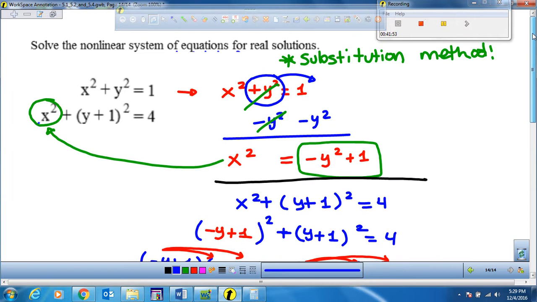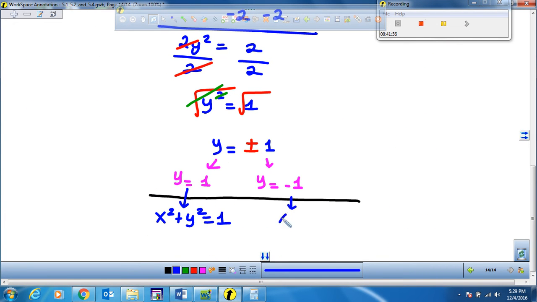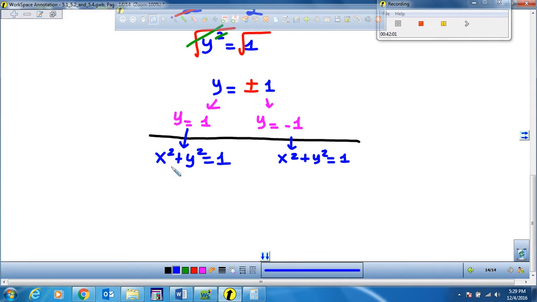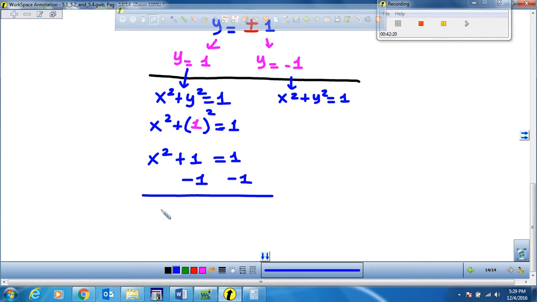Yeah. So x squared plus 1 squared. 1 squared is just going to be 1. Then you subtract 1 from both sides. x squared equals 0. Then you do the square root on both sides. So x is equal to 0.